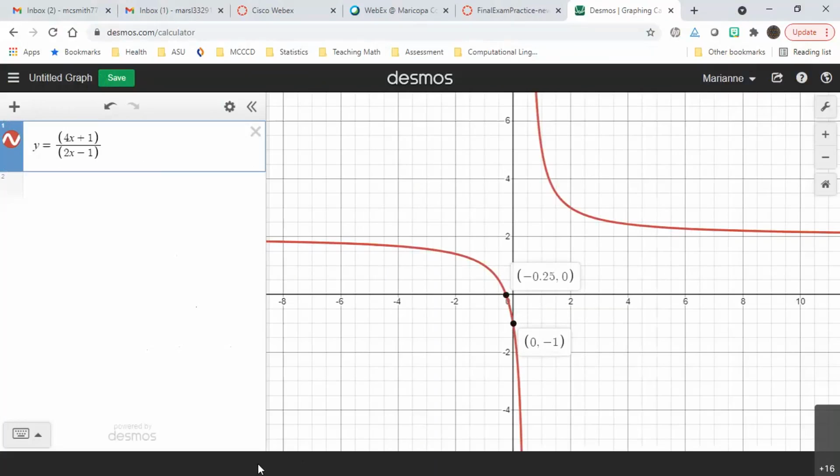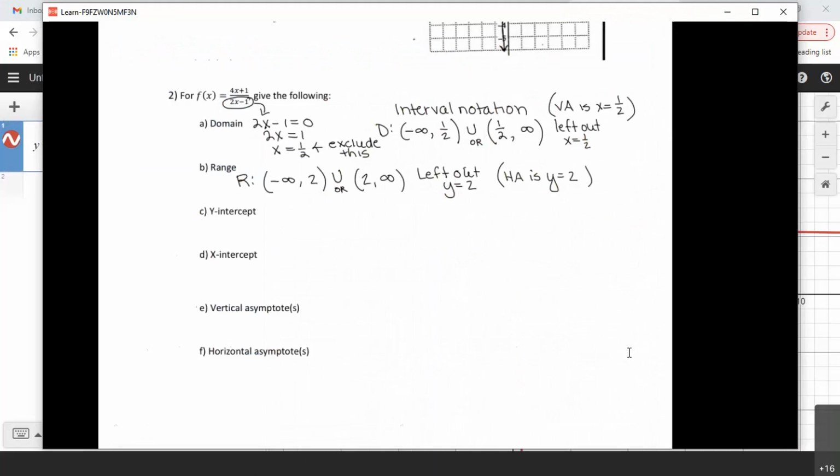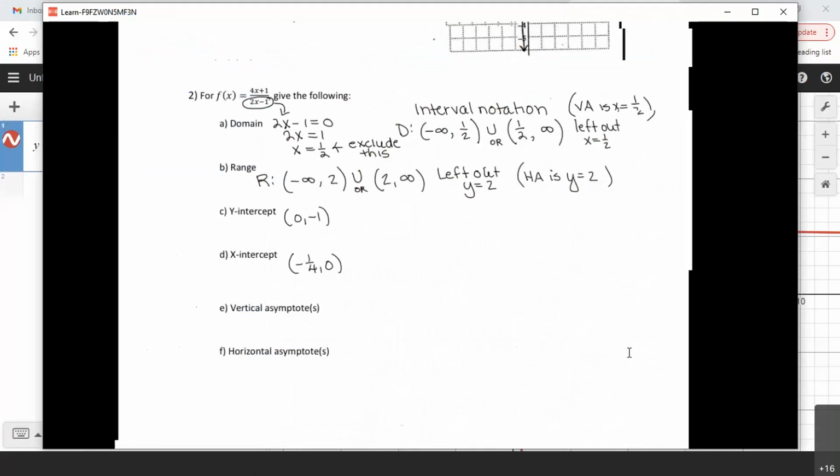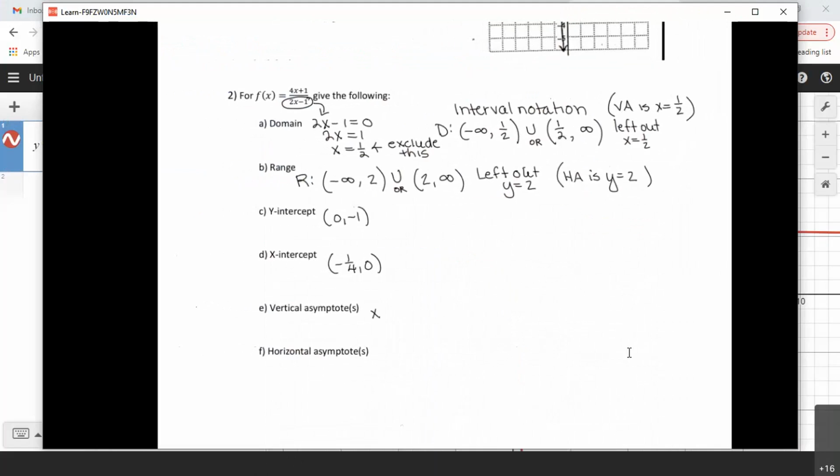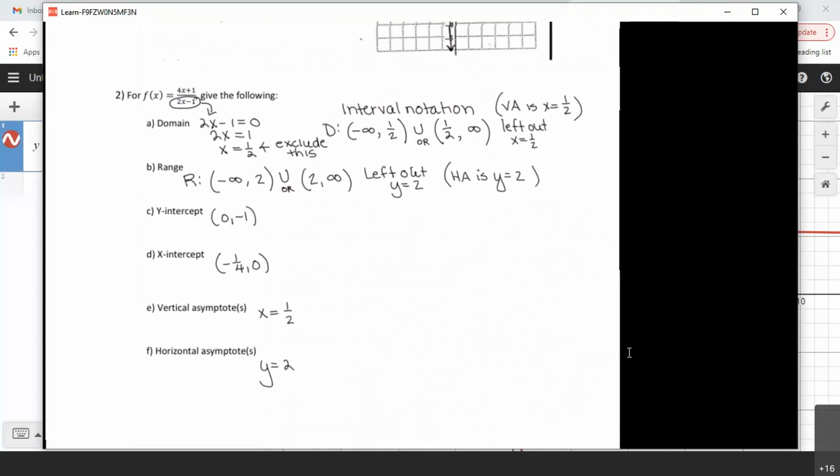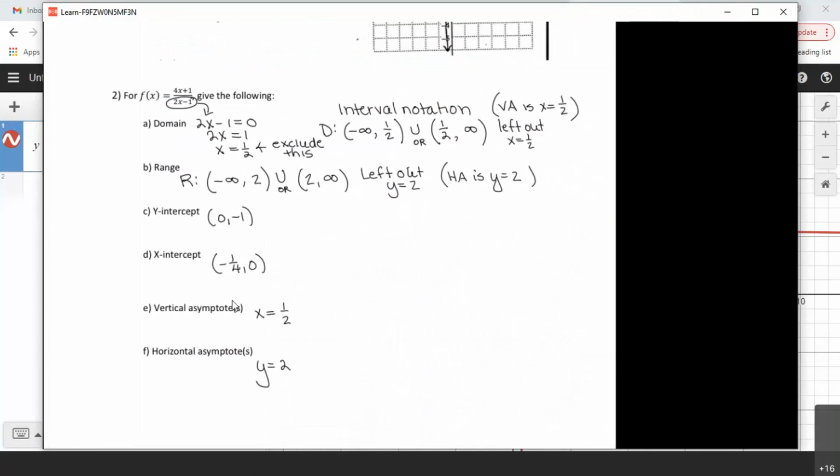So just do that graphically. I've already got my vertical asymptote and my horizontal asymptote. I needed these to answer these questions.